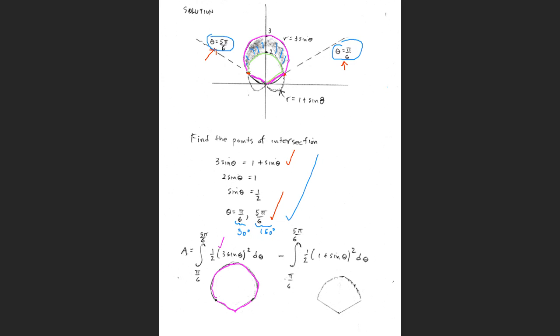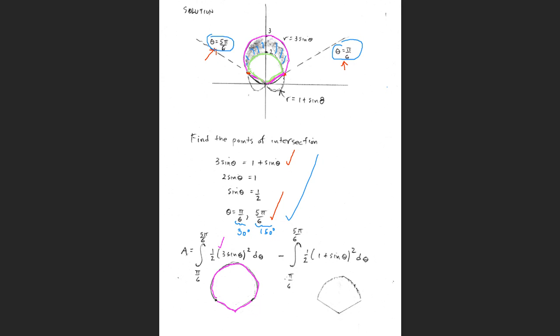I'm tracing out in green. If I trace out that region, notice the border, the polar function on that region is r equals 1 plus sine theta.